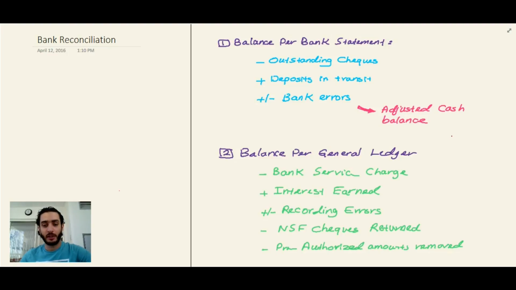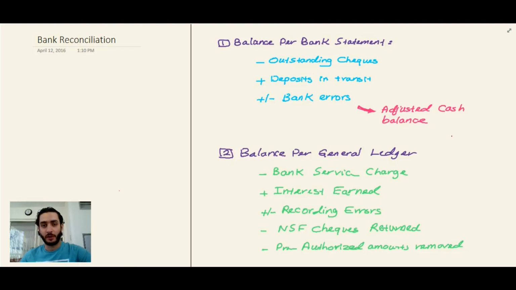Then we will add any interest earned during the month. So if we earned any interest, we will add it to our balance per general ledger. Then we will add or deduct any recording errors. Then we will deduct non-sufficient fund checks returned.